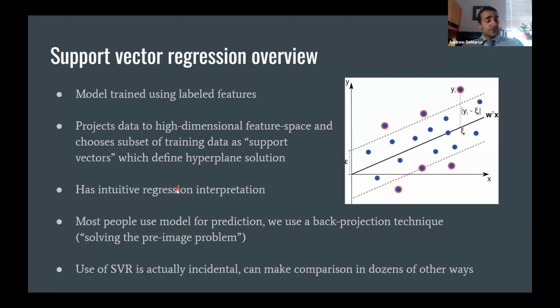And most people who use this type of approach, support vector machine regression, they're using the model to make predictions. But here, we're not using the model to make predictions. What we're doing is we're estimating a model solution that separates the patient from the control group. And then we're going to bust open that model like cracking open an egg. And we're going to back project the high dimensional solution into data space. And this is called a pre-image.